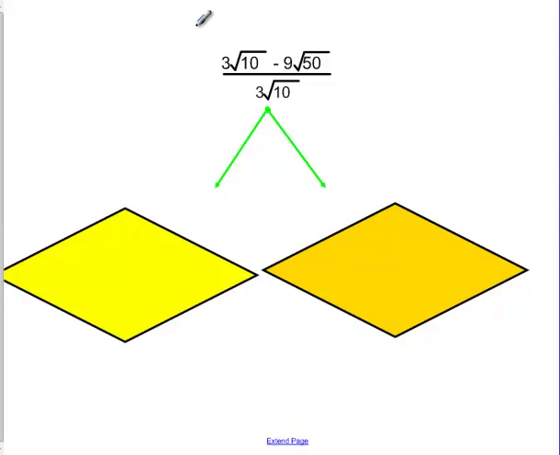Okay, our last problem here. Yes, I said last. There's only 2 types of division problems. I have 2 ways I can do it. Way number 1 or way number 2. So let's see. I have to realize that this is a binomial and this is a monomial.